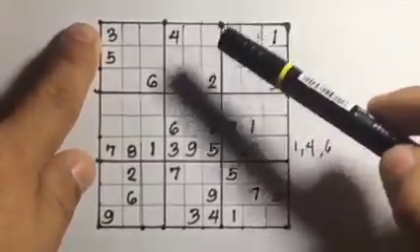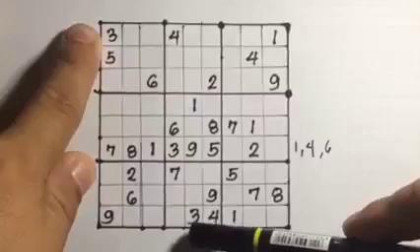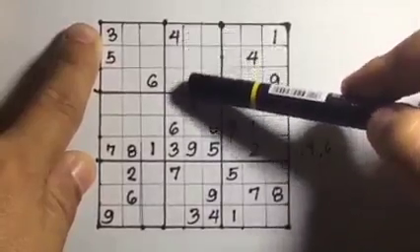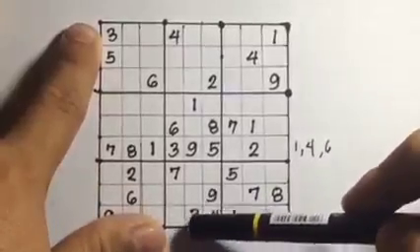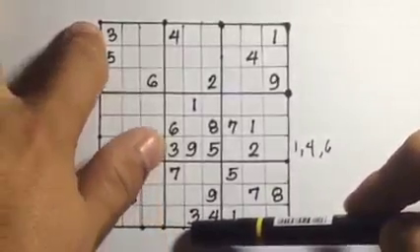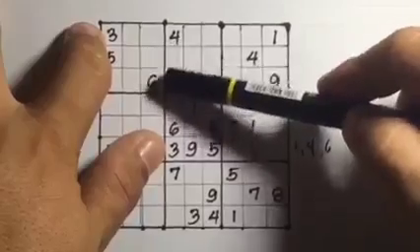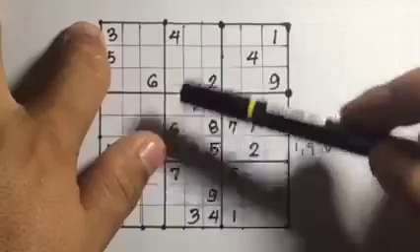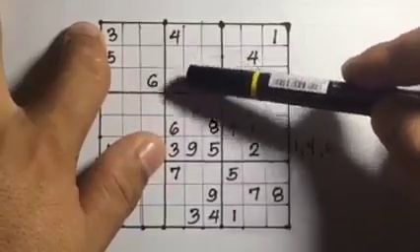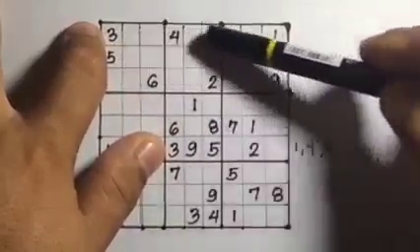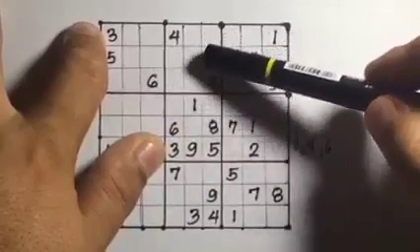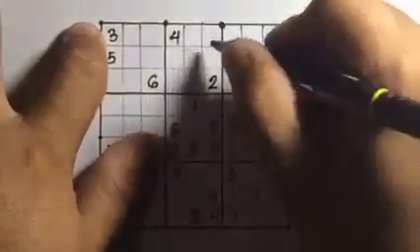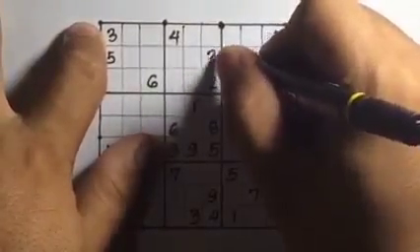And also, in this column, you cannot write 3 here, because there is 3 below here. And also, in this column, you cannot write 3. It's because there's 3 here. So you cannot write 3 here, in here, and in here. Therefore, in this cell, you can write 3. So the solution for this cell here is 3.